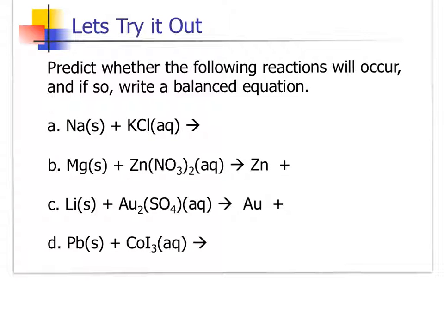Here we see that sodium and potassium chloride are in a solution or in a reaction. Now, which one is higher up on the activity series? Well, if you look at the back of your periodic table, you will see that potassium is just a little bit above sodium. Now, chances are this reaction would still kind of happen.